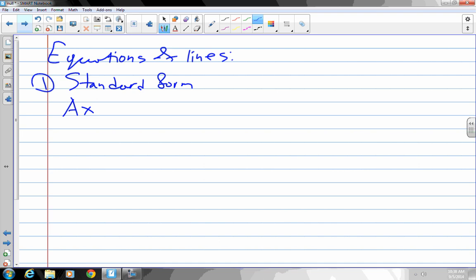It's just some constant times x plus some constant times y plus another constant equals 0. So this is a standard form of an equation of a line. When you're faced with a form like that, and you're asked to sketch the graph, you'll probably just find the x and y intercepts and go, because you don't see the slope, you don't see anything else. But the form that you all like is called the slope-intercept form.